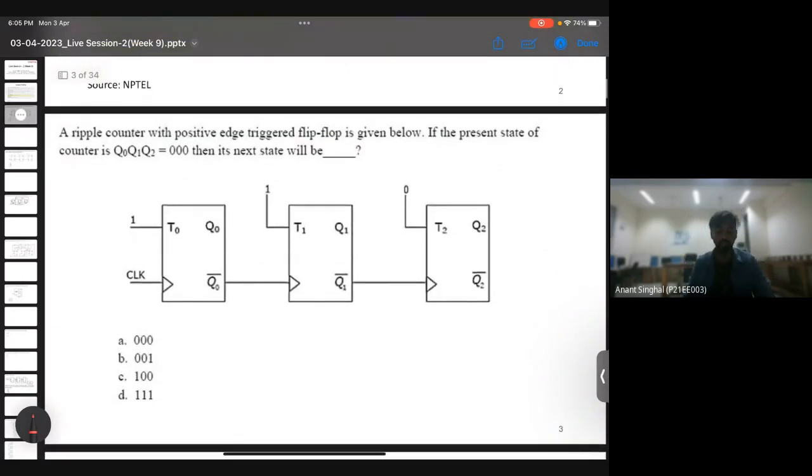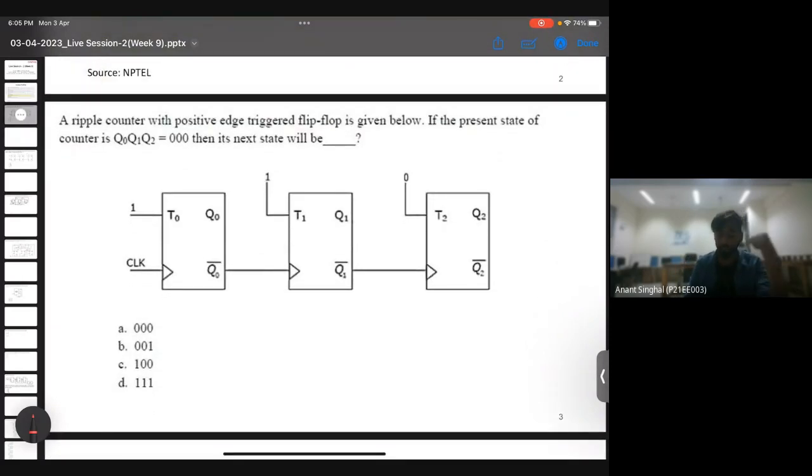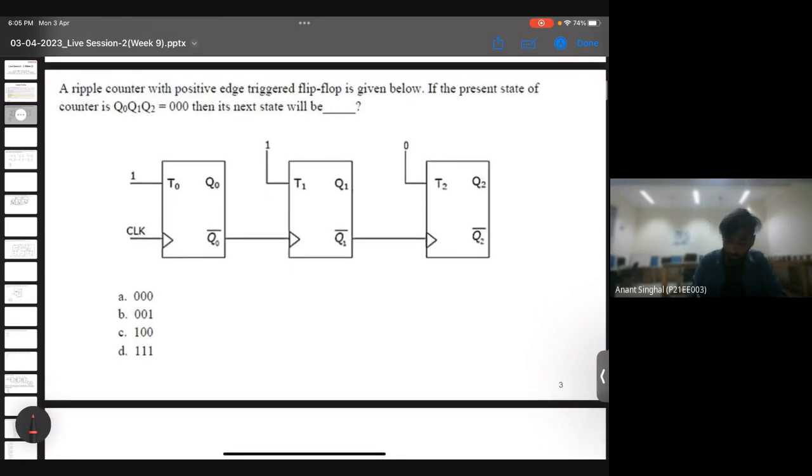So here's the problem. It says a ripple counter with positive edge triggered flip flop is given in the circuit below. As you can see, these are T flip flops, and the characteristic equation of T flip flop is nothing but Qn plus 1 is T XOR Qn.